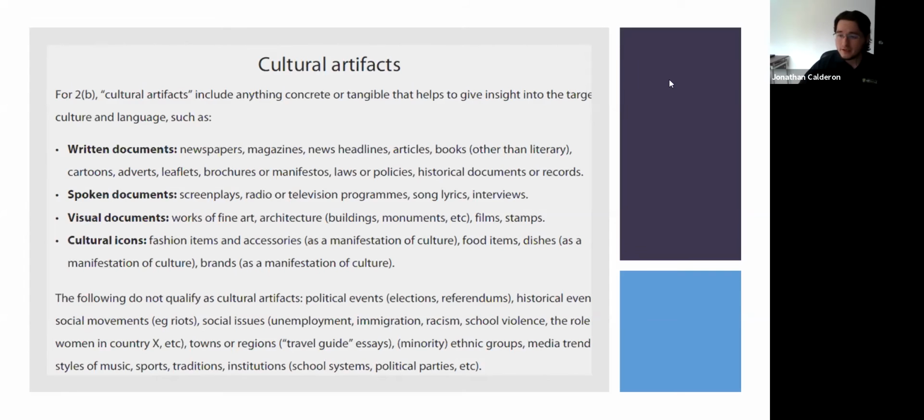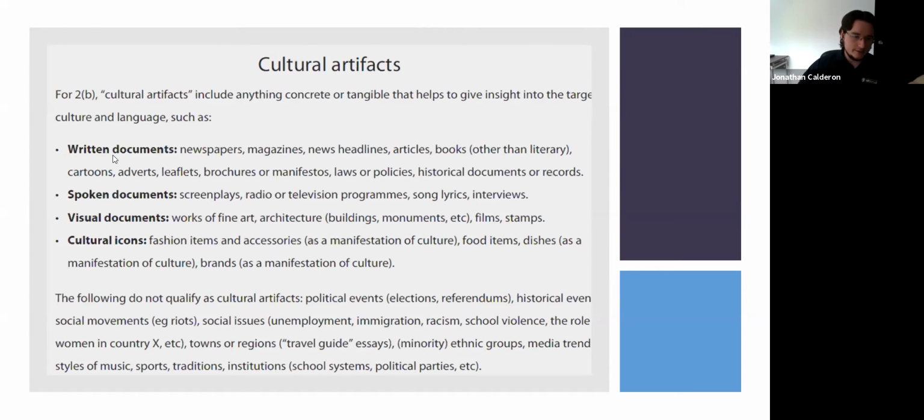Now, we have to be very careful because even though it says books, screenplays, lyrics or whatever, sometimes category 2B and category 3 are going to be confused a little bit. And we don't want this to happen because it is very important to make the difference, okay?